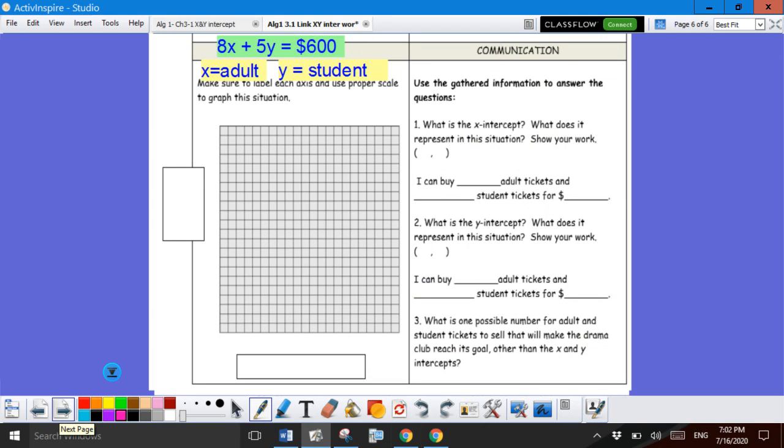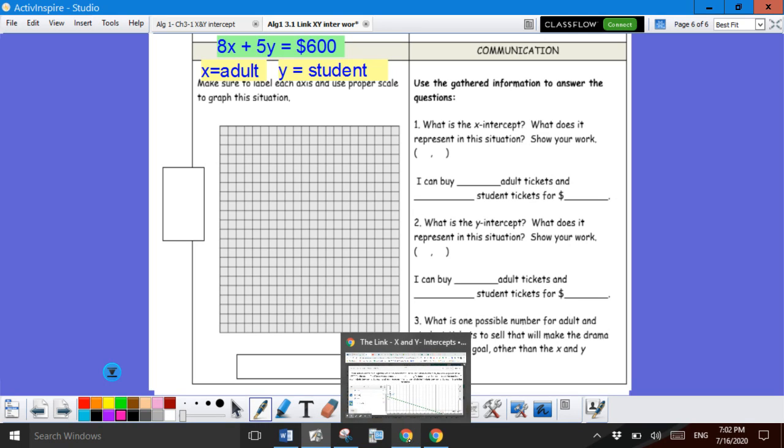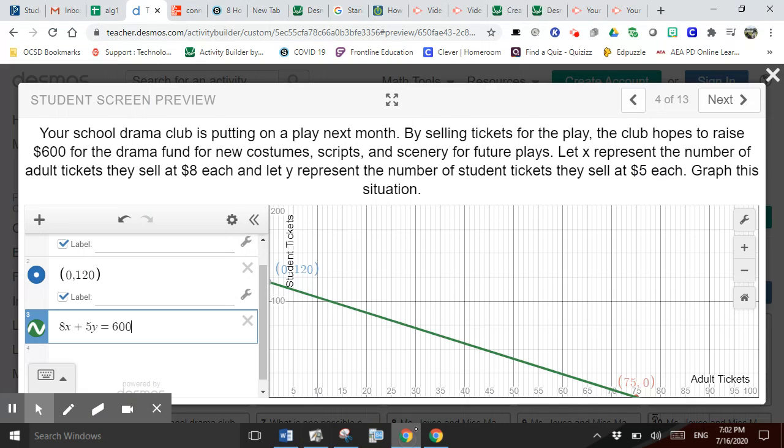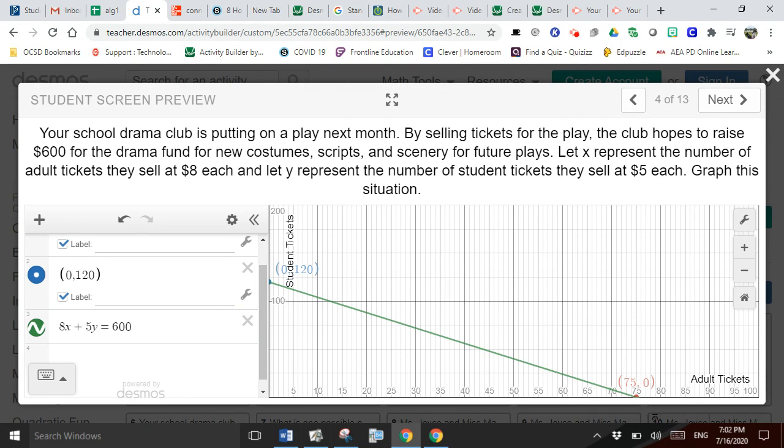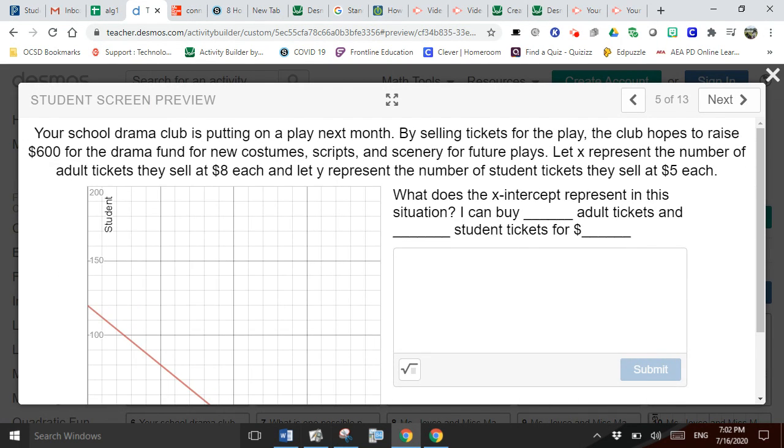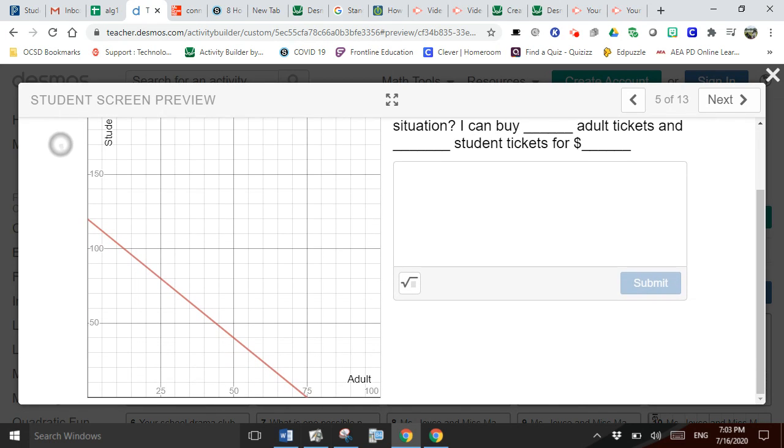All right, now, this next part, we actually are going to make use of our graph to analyze what is happening in the picture. So it says that we have to figure out what the x represents in this situation. So I know the x-intercept is 75, 0.